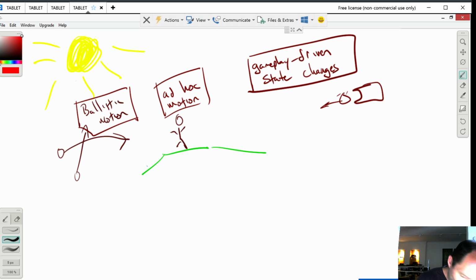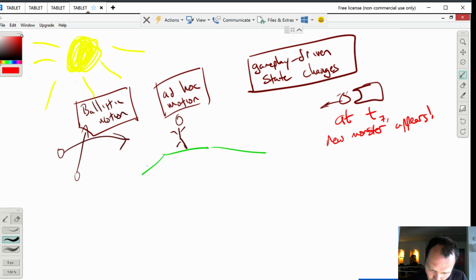And at some point at t sub 7, a new monster appears, right? That's not any kind of physical extrapolation of things that happened before, right? It's a new thing.